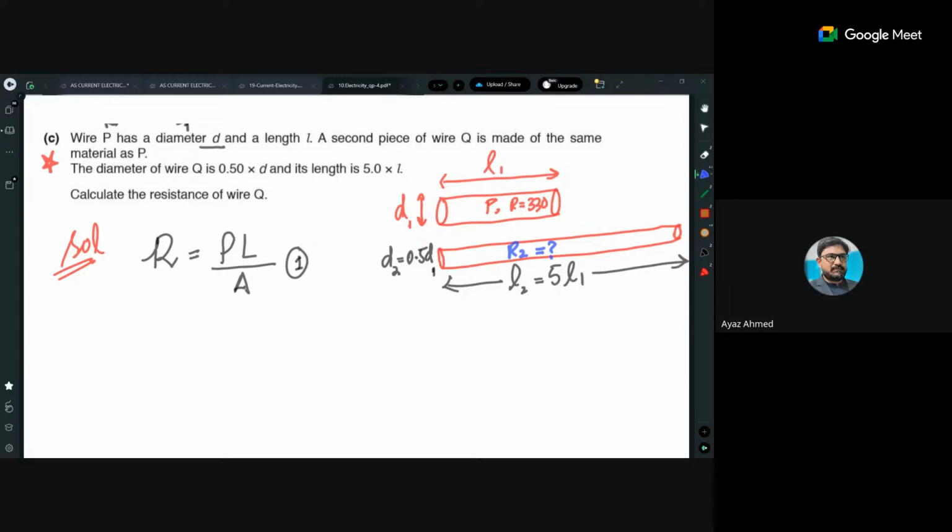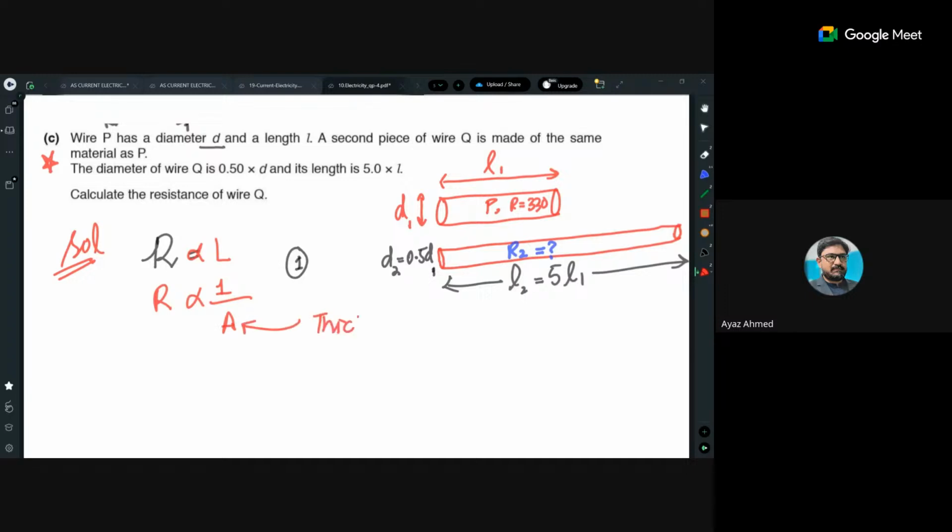Actually, when we came to know about the factors affecting the resistance in wires, resistance is directly proportional to the length of the wire. The longer the wire, the more the resistance. And resistance is inversely proportional to the thickness of the wire. Actually, this area means thickness.